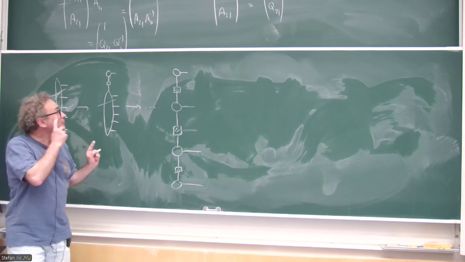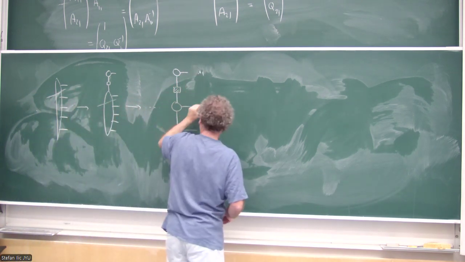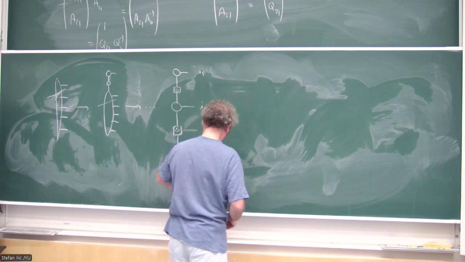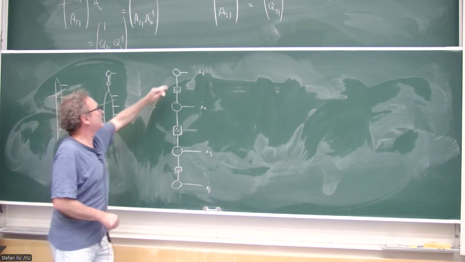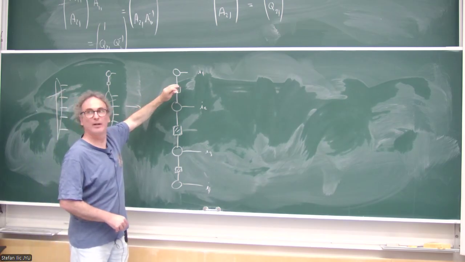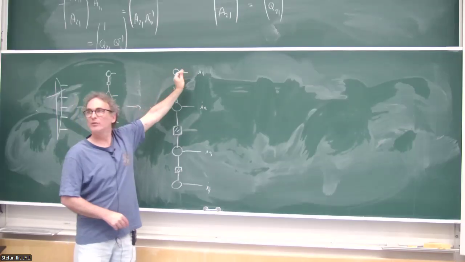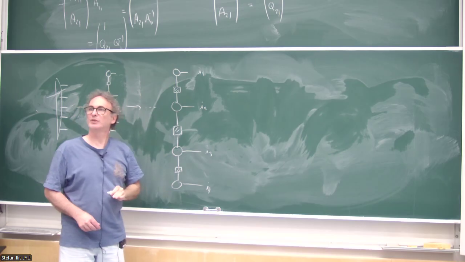So here I have I1, I2, I3, I4. And when I did that, I was considering my matrix here as I1 on one side, and I2, I3, I4 on the other side.